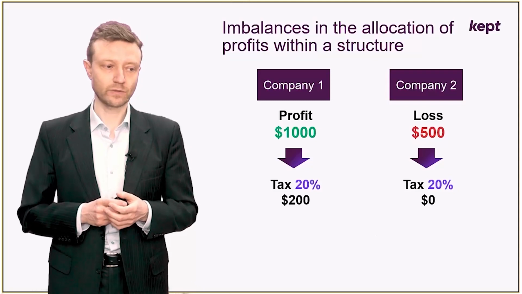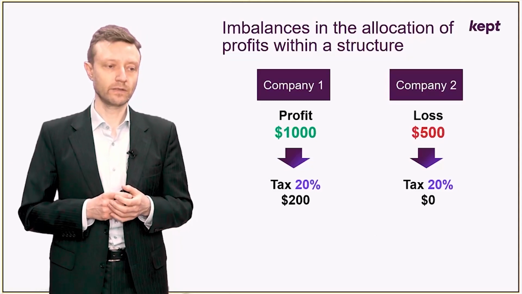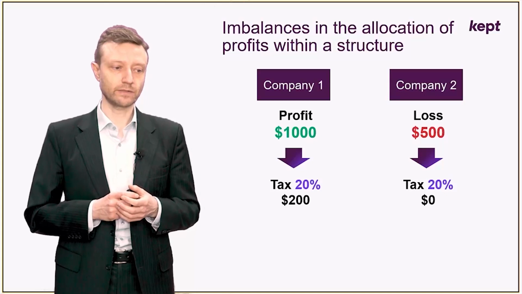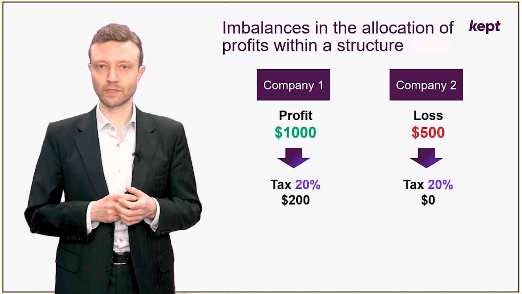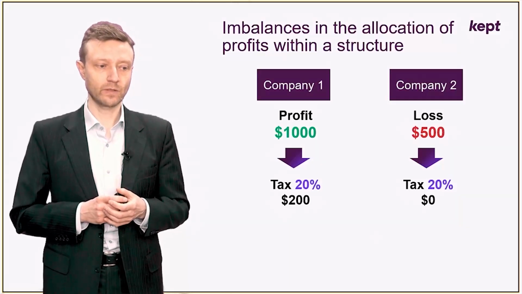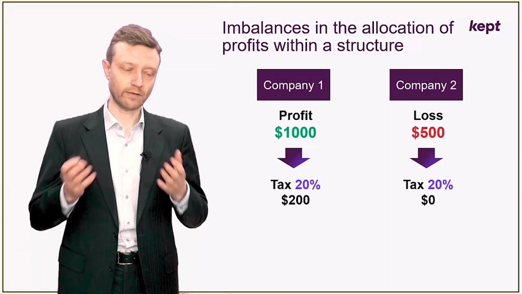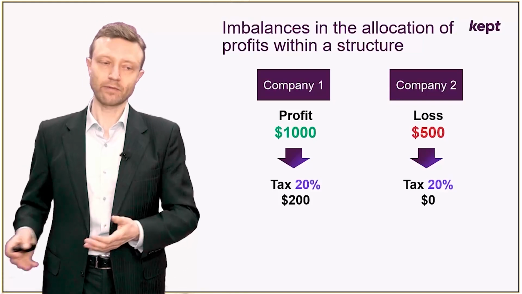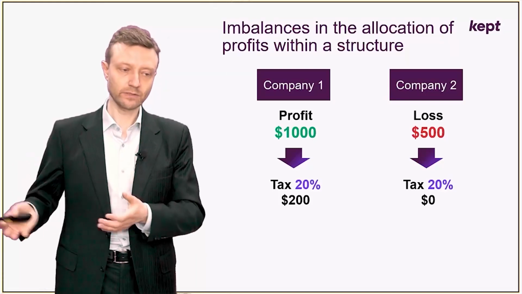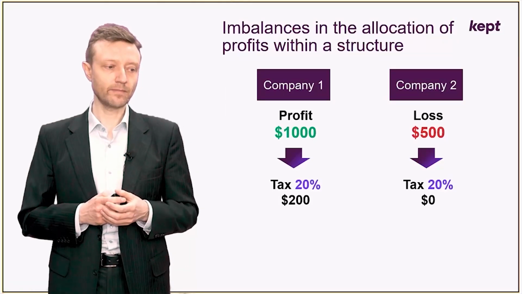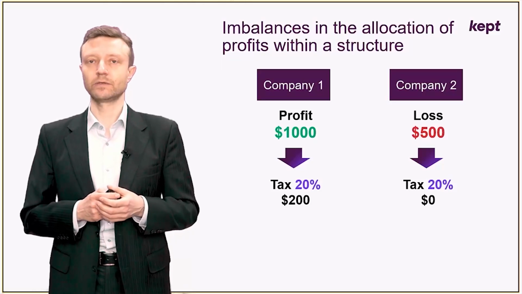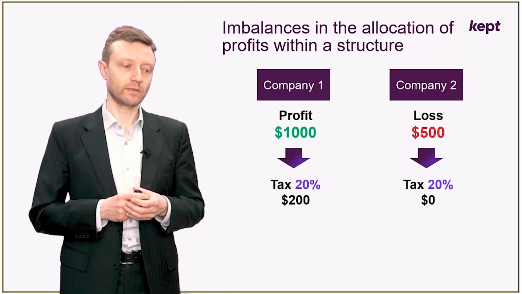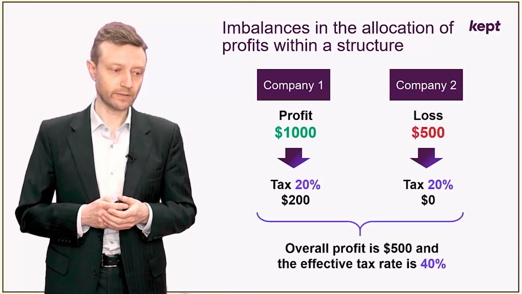In both countries where these companies are located, the tax rate is the same, 20%, but only the profitable company pays tax, while the loss-making company obviously doesn't have a tax base. It can carry over this loss, but the profitable company has to pay 200 in taxes because the tax rate is 20%.